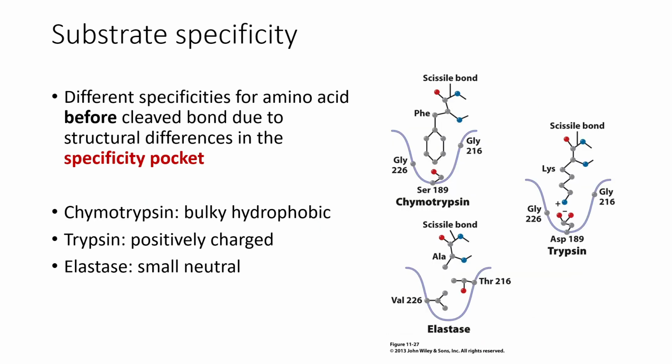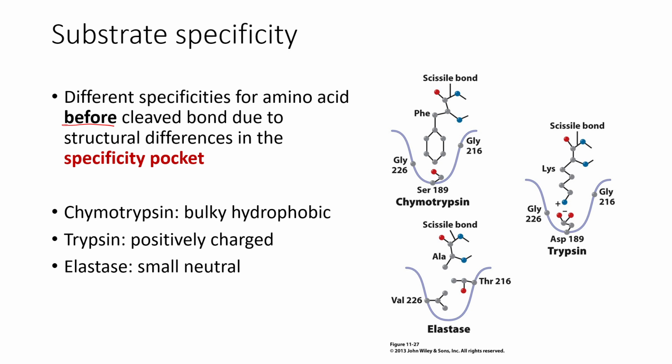So let's talk more about how that specificity pocket helps to choose a specific substrate. The specificity pocket is specific for the amino acid that is right before the cleaved bond in that peptide or in that protein.